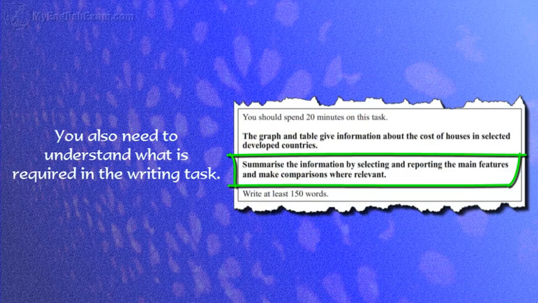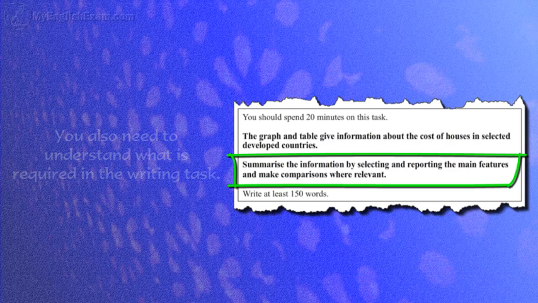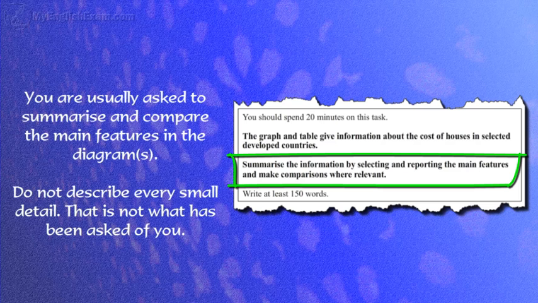You also need to understand what is required in the writing task. You are usually asked to summarise and compare the main features in the diagram. Do not describe every small detail. This is not what has been asked of you.